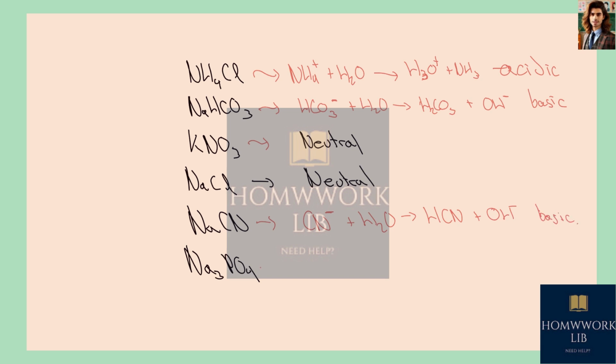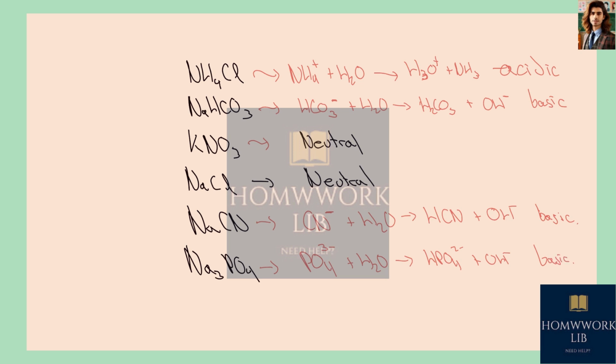And for the phosphate ion, what we're going to get is PO4 3 minus can react with water in order to generate HPO4 2 minus plus OH minus. So this is going to give a basic solution.